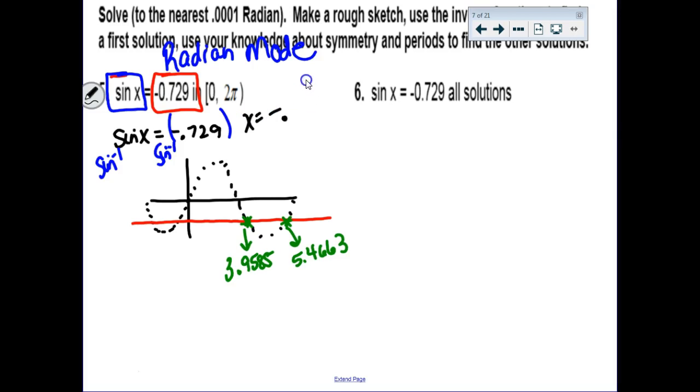Negative 0.69. Okay. So that's what my calculator gives me. But why is that not one of my solutions?